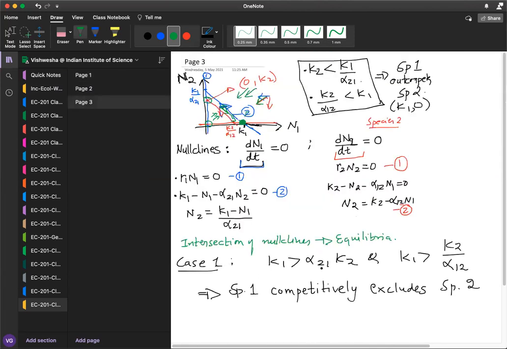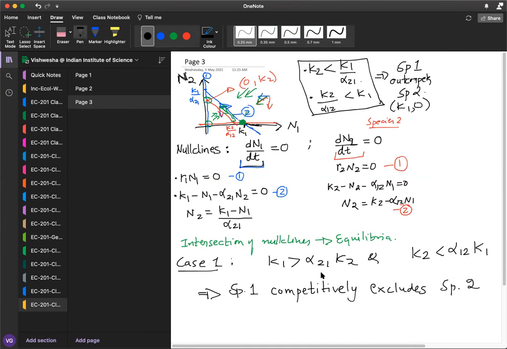So the first condition ensures that even when species 2 is present at carrying capacity, a small introduction of species 1 can begin to grow. That's what the first condition means. What does the second condition mean? It's better to think about this in the opposite way, so I'll write this as K2 less than alpha 1-2 K1.